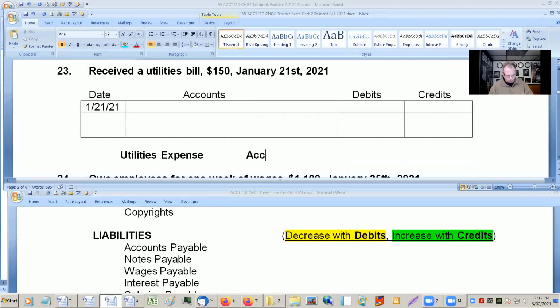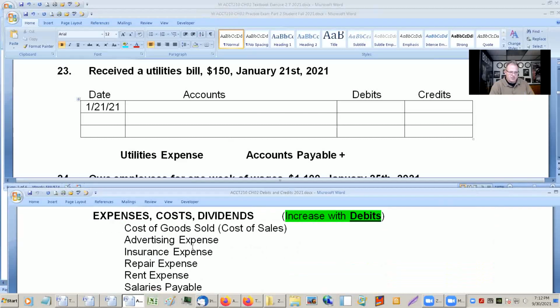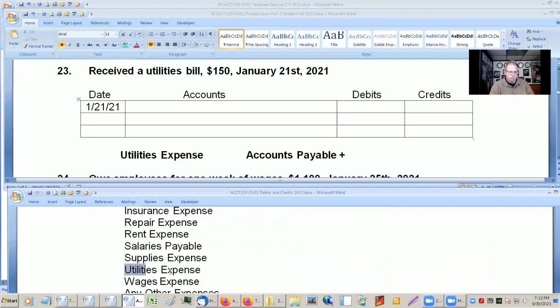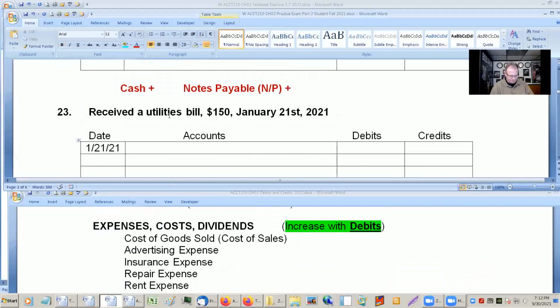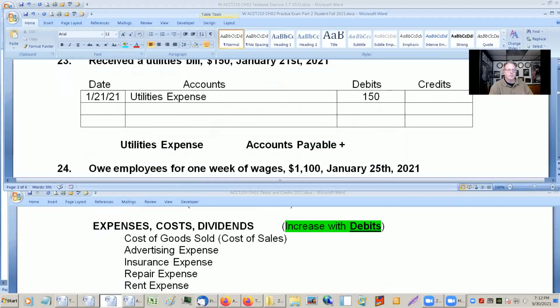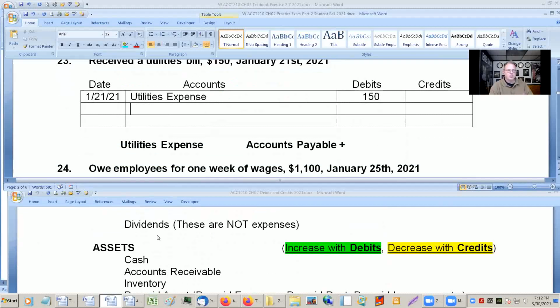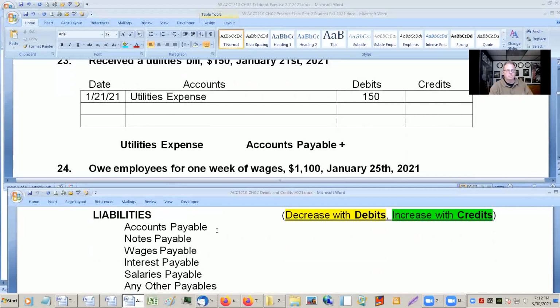Accounts payable is going up, but we really don't even need to know that, because if it's an expense, it's a debit. Accounts payable, liability, is going up with the credit.